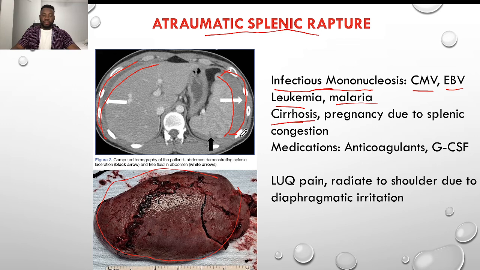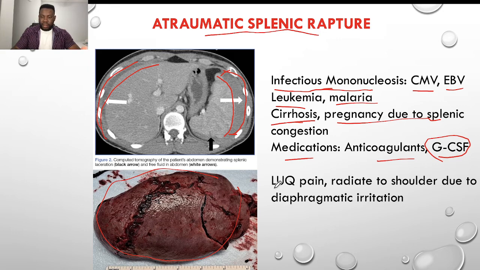Cirrhosis can cause splenic congestion. Pregnancy can also cause splenic congestion. Medications like anticoagulants will increase our risk for bleeding. Granulocyte colony stimulating factors, like filgrastim and co, can also.